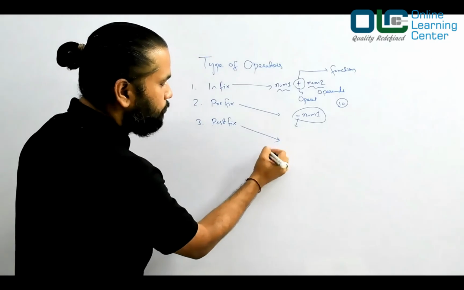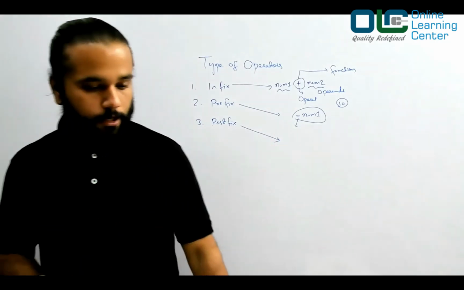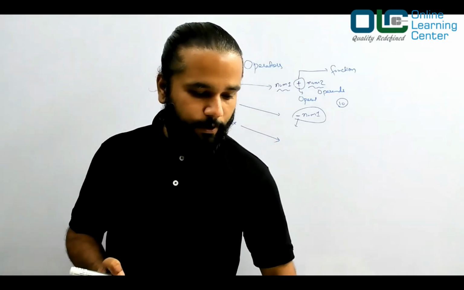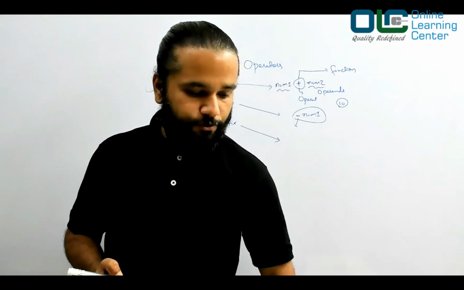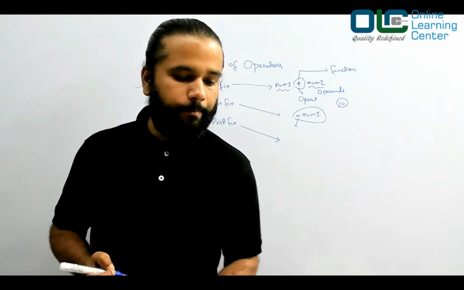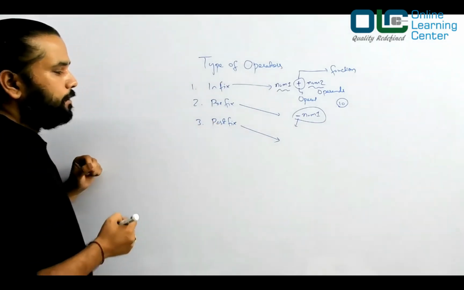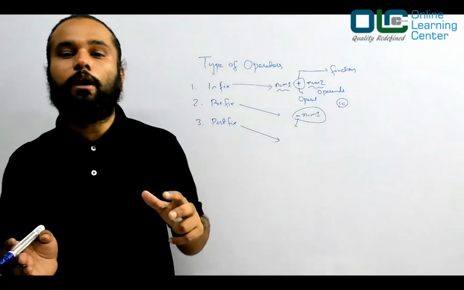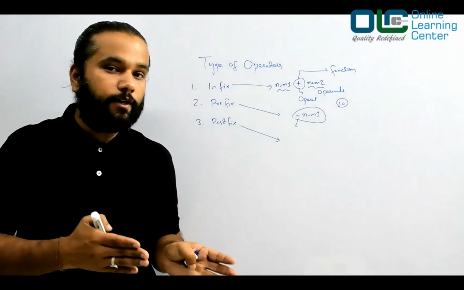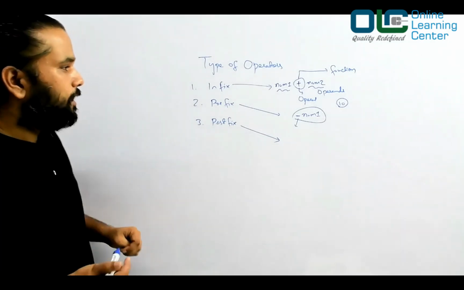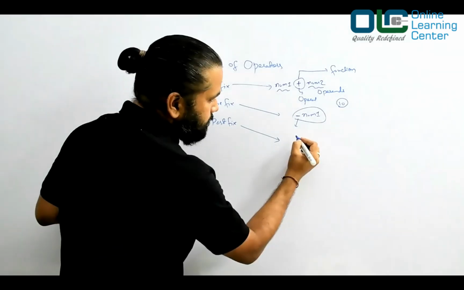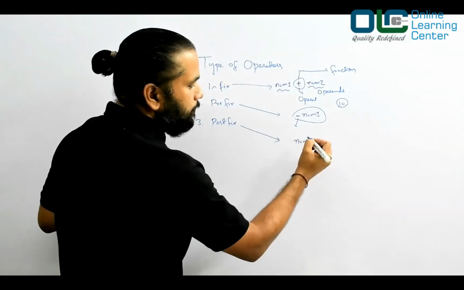Now let's talk about the postfix operator. We'll talk with respect to examples as well, but right now I'm just trying to give you a bit of understanding. Postfix means it should be placed after your variable. For example, let's say I have a number whose value is 10.